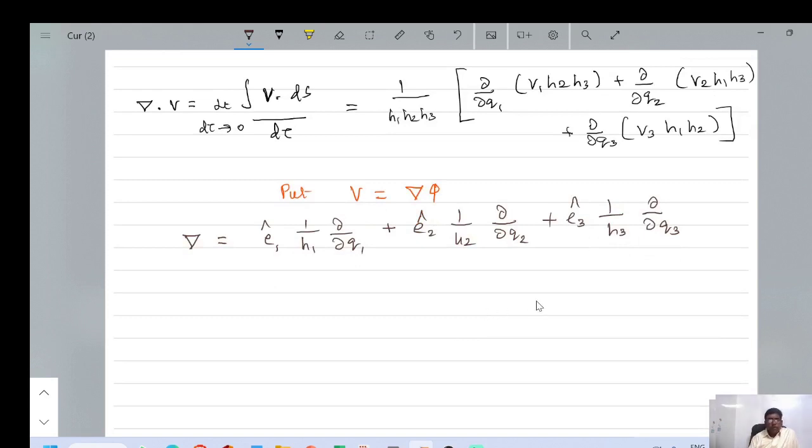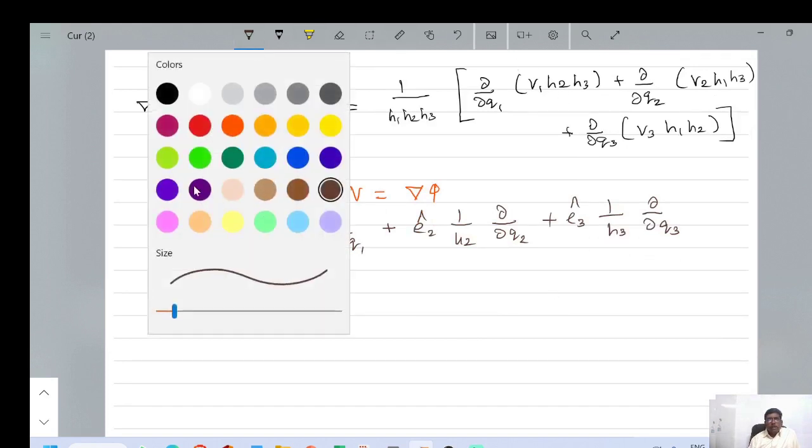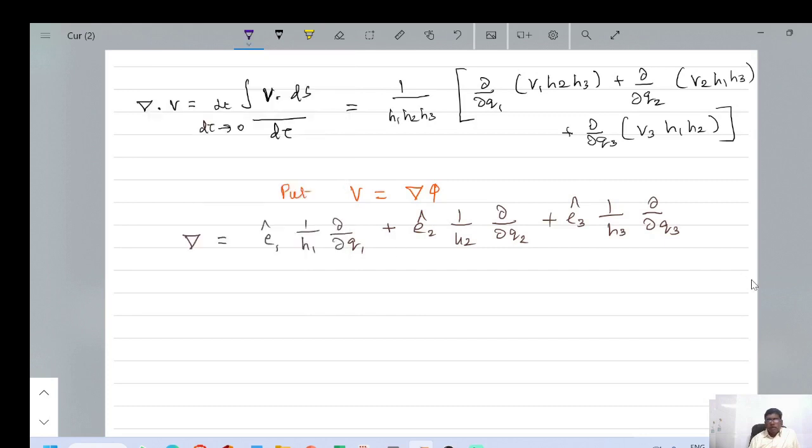Now, from the above relation, this is del dot. Instead of v, we have to put del phi.